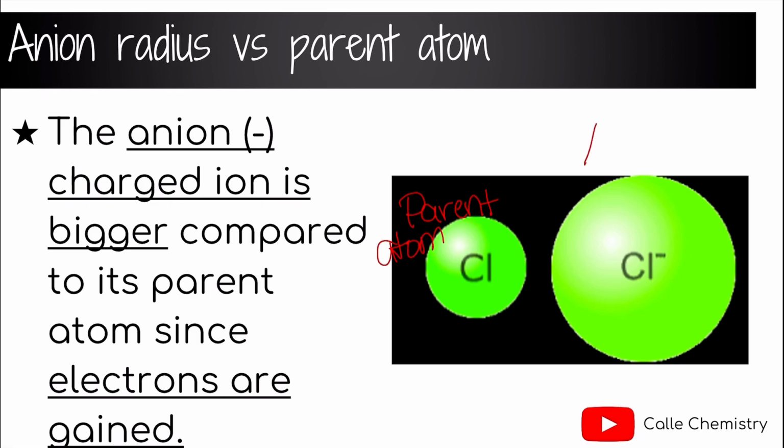And this is over here, the anion radius, or the anion atom. And the way I know that this is it is because here we have a charge, a -1 charge. So the anion is bigger compared to its parent atom since electrons are gained.